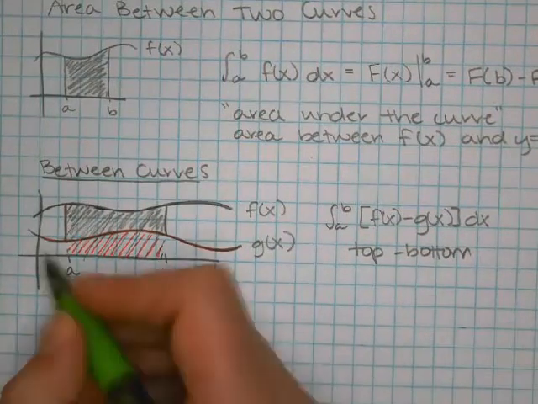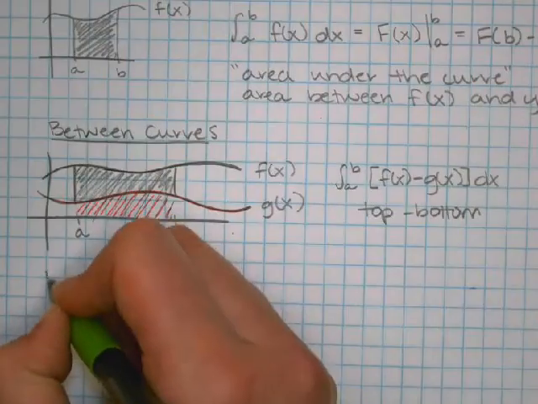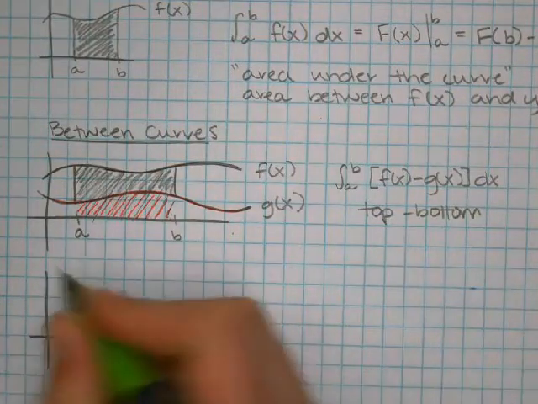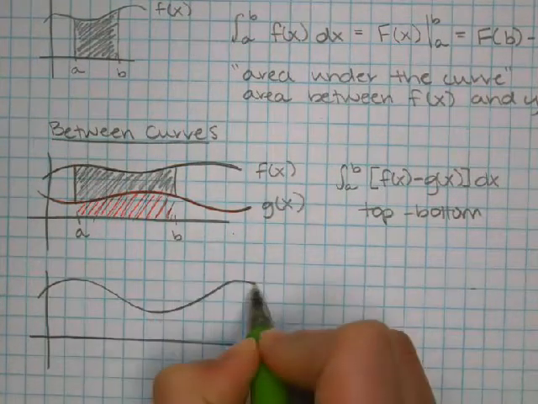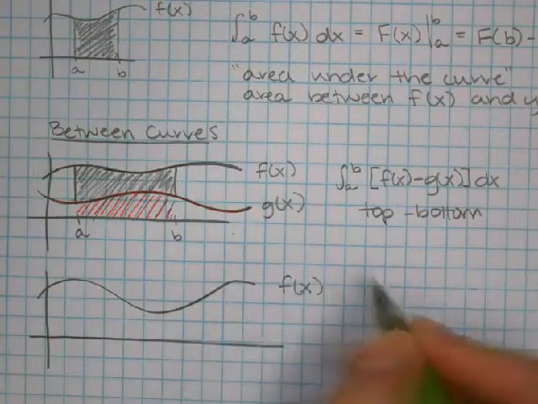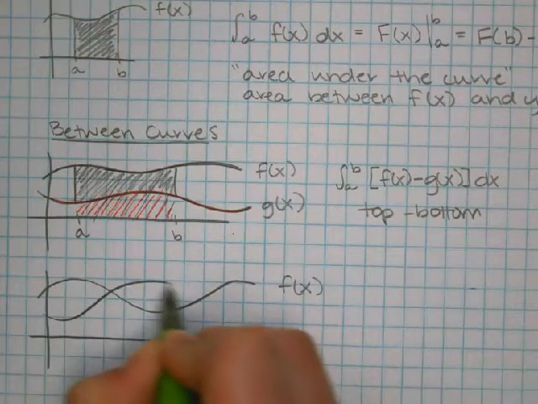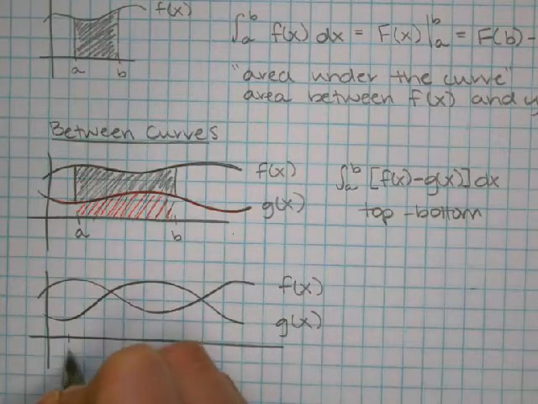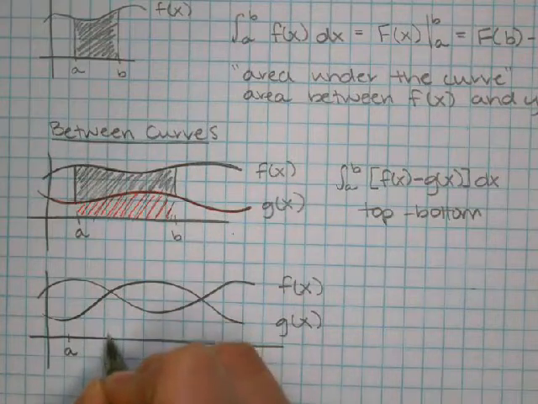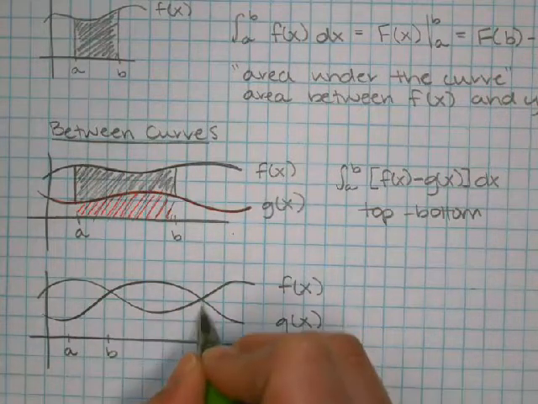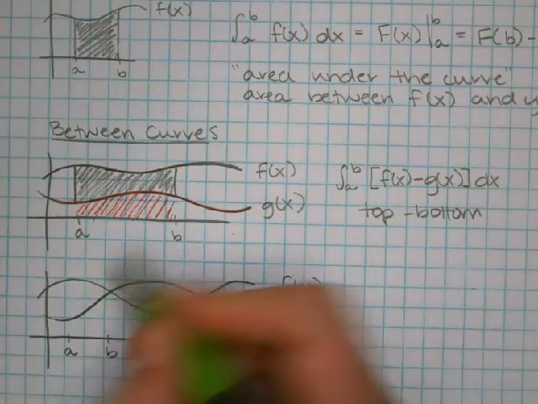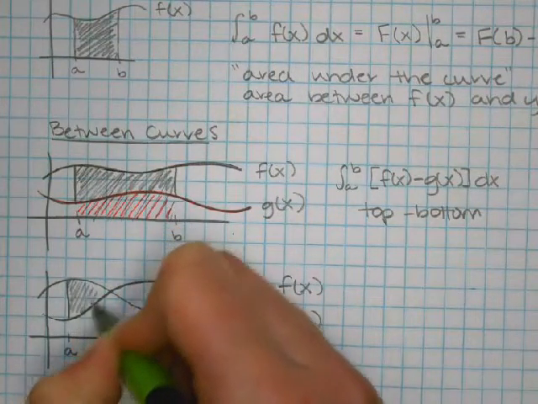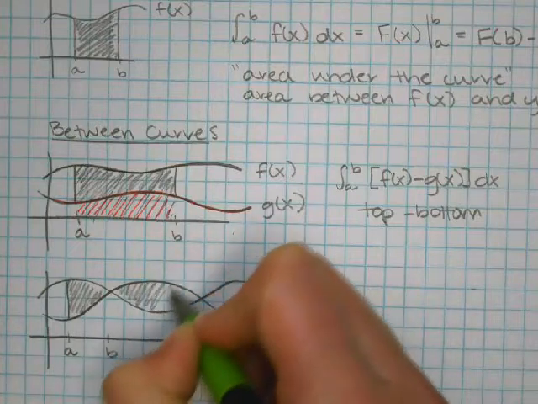We can also look at curves that intersect each other. So let's say f of x is like this, and let's say g of x looks like that. And I can say here's a, the first intersection is labeled b, the second intersection is labeled c.